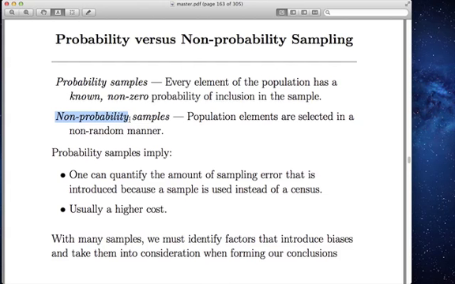All of the statistical inference methods that we've talked about so far, and will talk about in the future, so confidence intervals, margins of error, any sort of hypothesis test, all of these methods of statistical inference assume you've got a probability sample. So the first assumption in Chapter 9, when we talked about confidence intervals, is to assume that you've got a random sample of size n from some population.